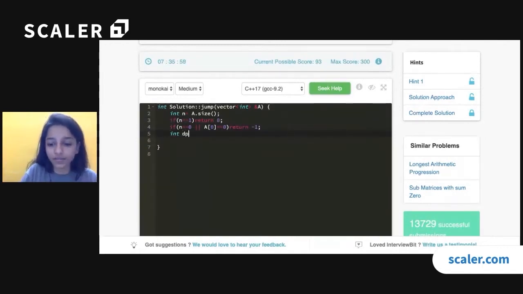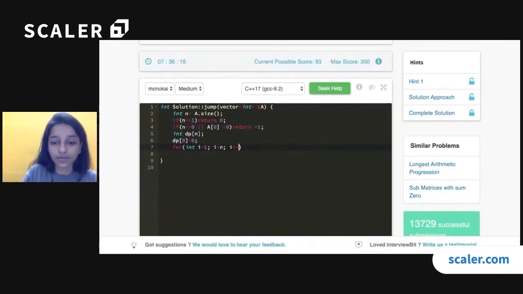Now let's move on. Let dp be a vector of size n. Now dp of 0 will be 0. So for int i equal to 1, i less than n, i plus plus, dp of i shall be initialized to int max.